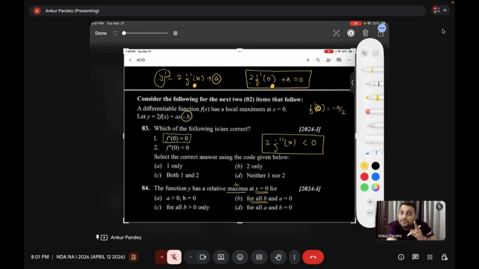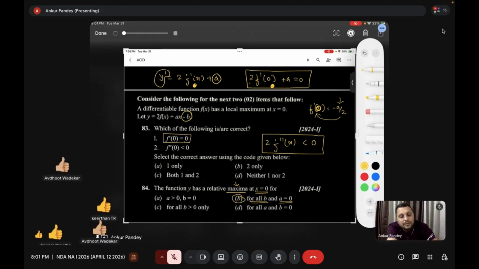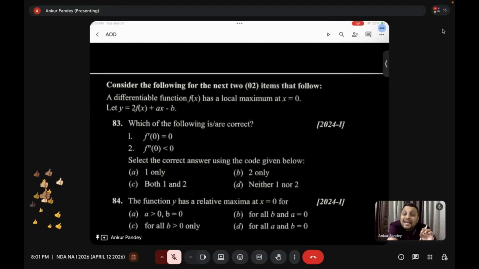Yes or no? So from here, is a not equal to 0? So the right answer is understood. Clear? Good. This was a straightforward analytical question.